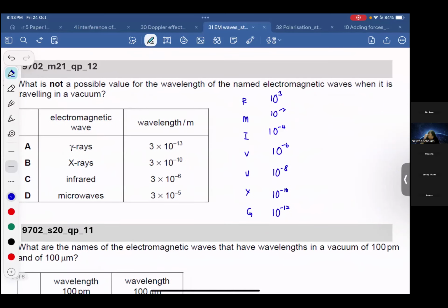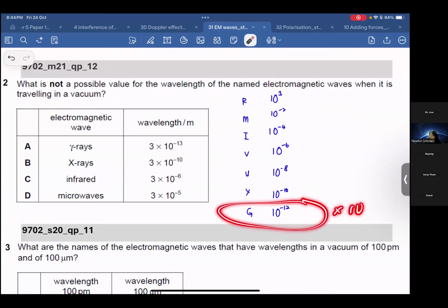Here, gamma. Is it possible gamma is times 10 power of negative 13? My answer is yes, it's possible.